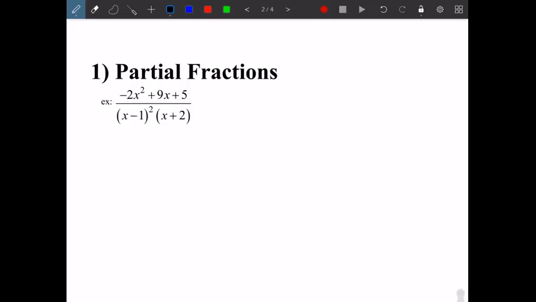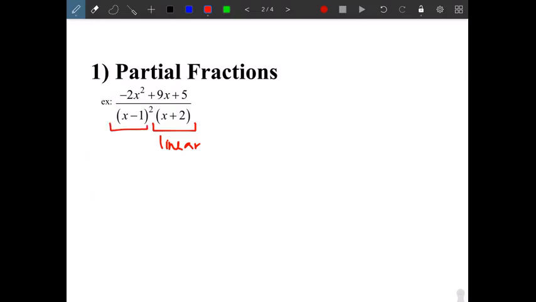Now if we move on to the next example, you'll notice that at the denominator, again, we have this factor to be linear. So its corresponding partial fraction must have a constant at the numerator, as agreed in the previous example.